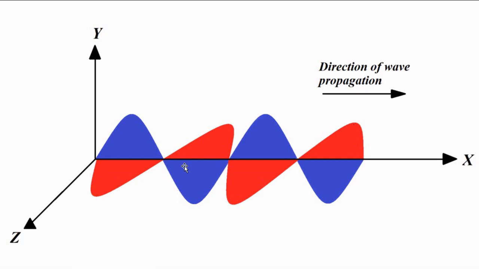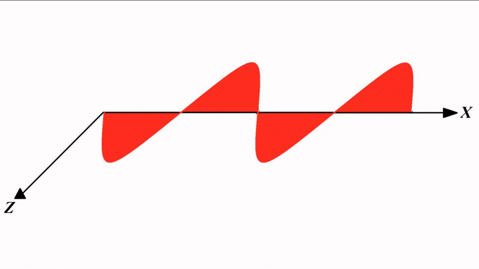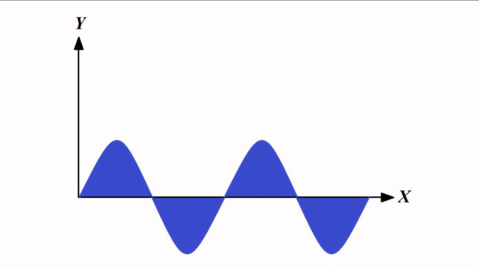So both these waves, the electric and magnetic waves, are vibrating or oscillating in mutually perpendicular planes and also perpendicular to the direction of propagation. Here electric field variations happen along the y-axis, positive and negative y-axis.